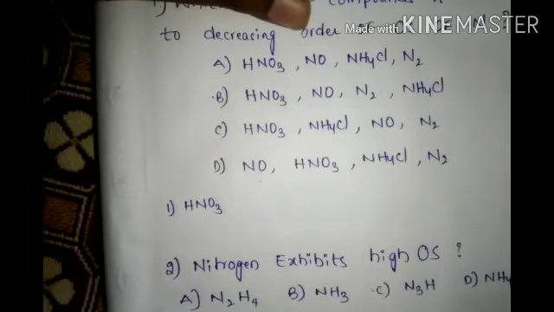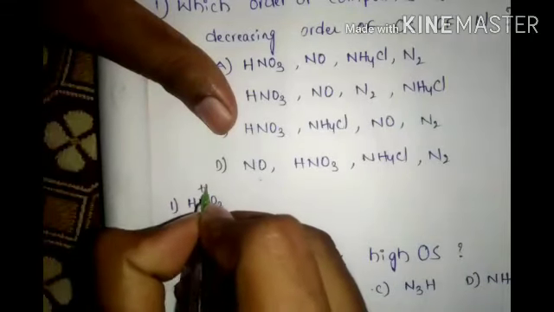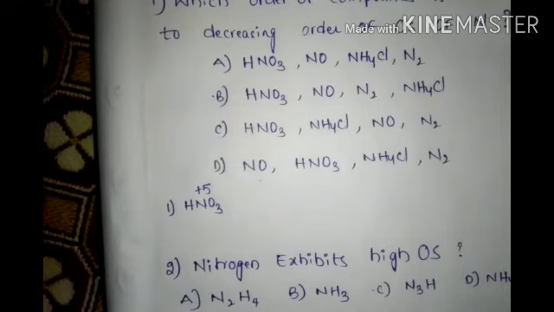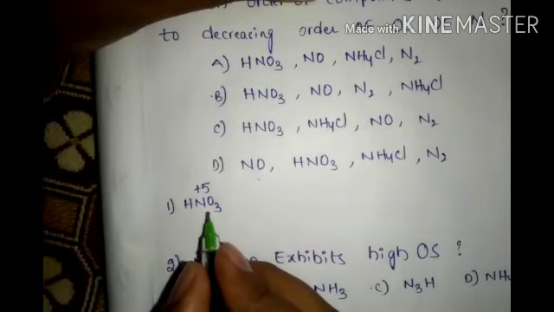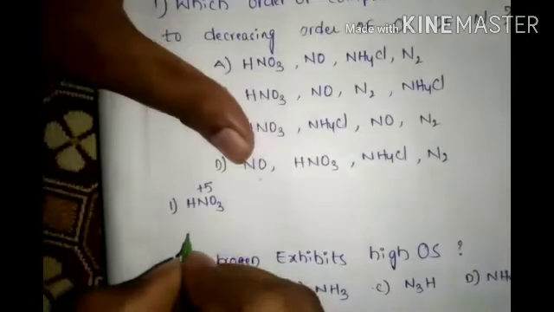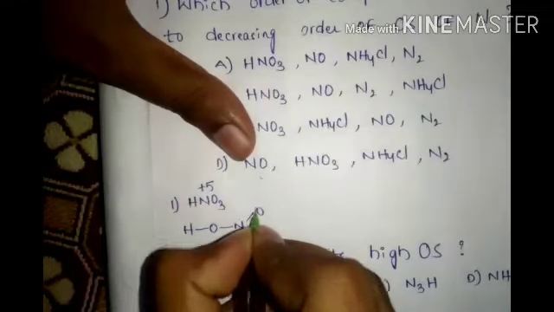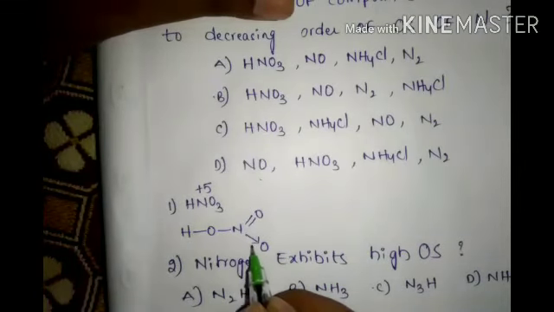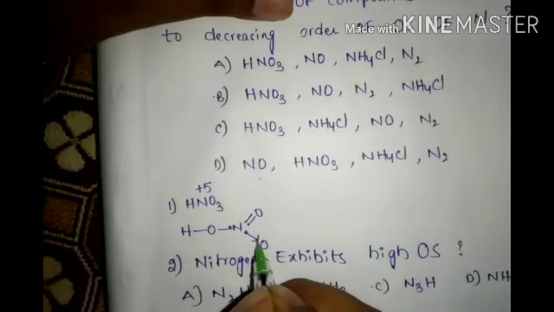The HNO3 oxidation state is +5 because 3 oxygens are surrounding it. 2 oxygens are double bonded, 1 is single bonded. See the structure: H-O-N, double bond O, and an arrow mark O. This one arrow mark shows 2. So 1, 2, 3, 4, 5.